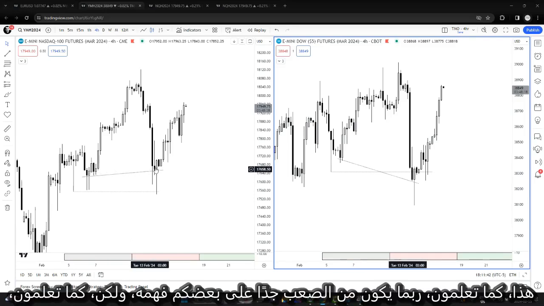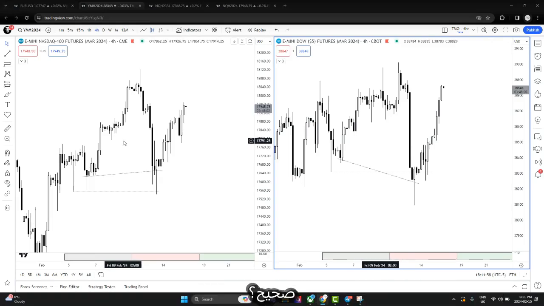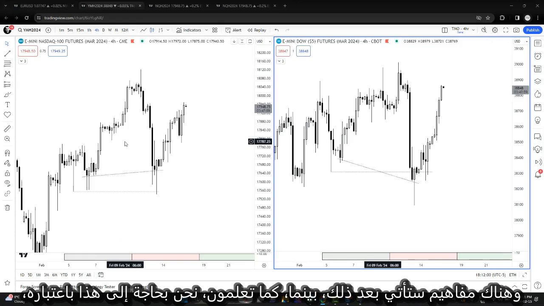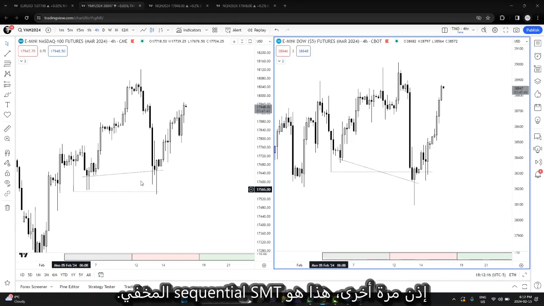This is probably quite difficult for some of you to understand, but over time I will explain it again over and over. And this is just an introduction, and there are concepts which will come after this, whereas we need this as a stepping stone to understand. So again, this is the hidden sequential SMT.